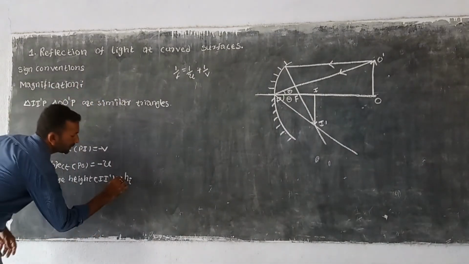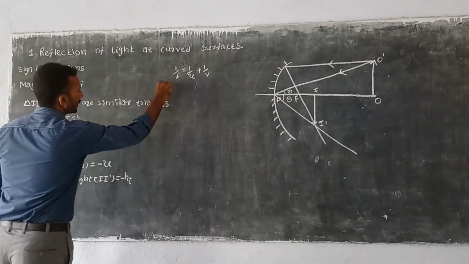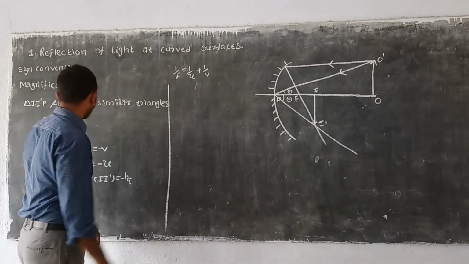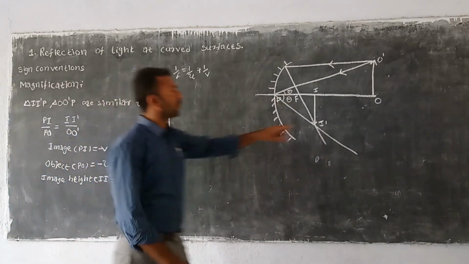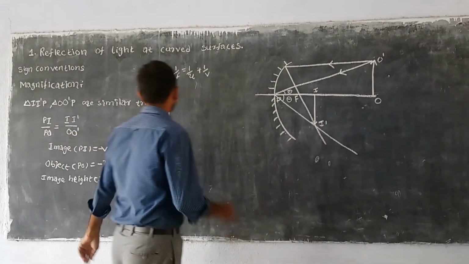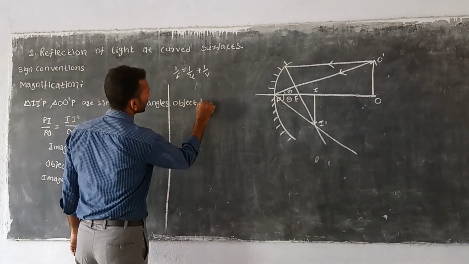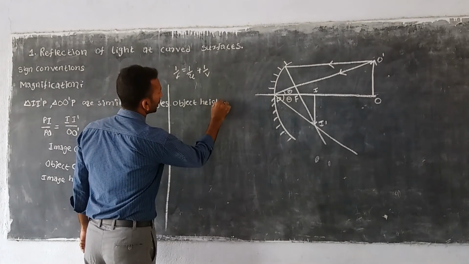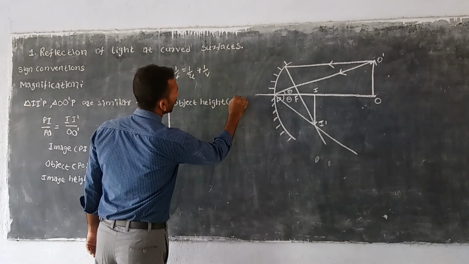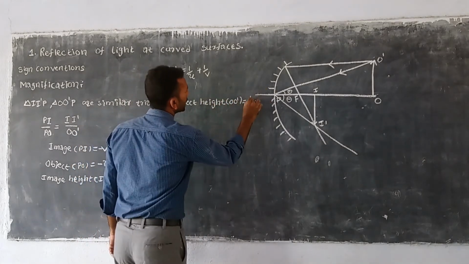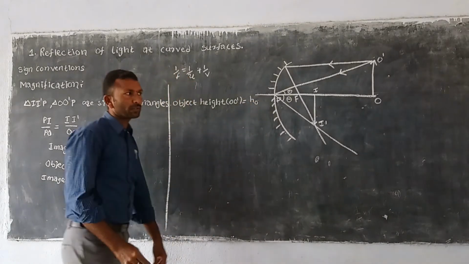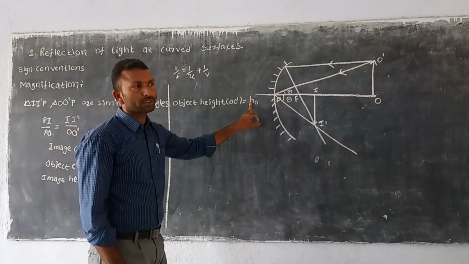According to sign conventions, this is also a negative value. The next one, O dash O, is the object height, indicated by HO, and this is a positive value.